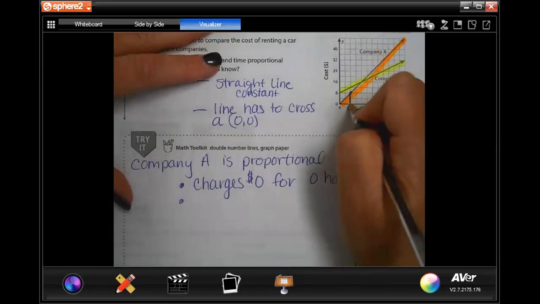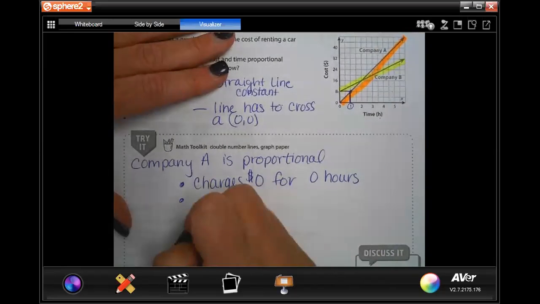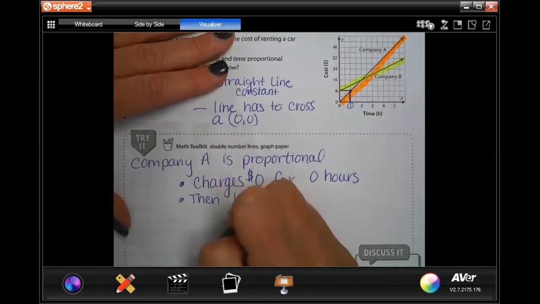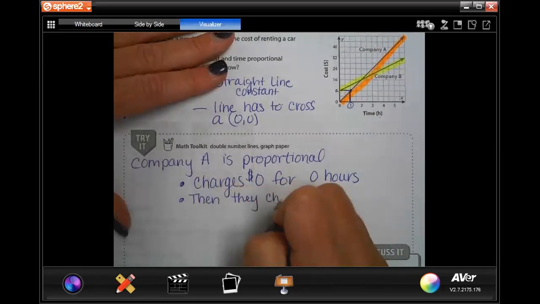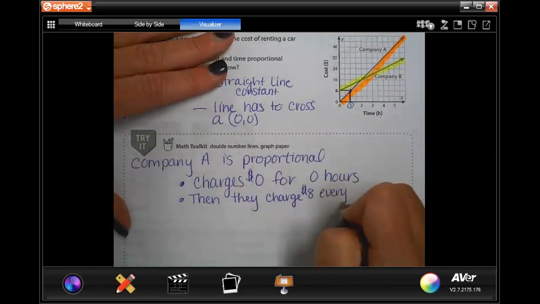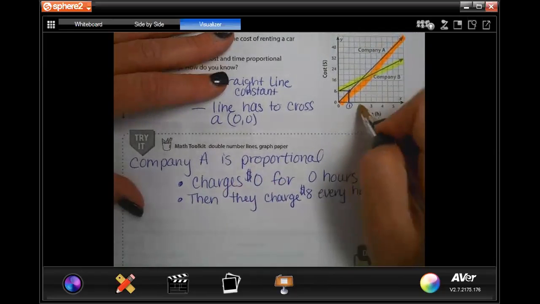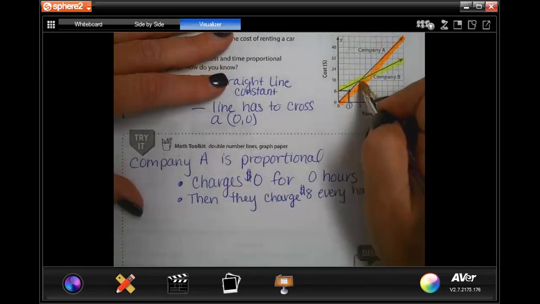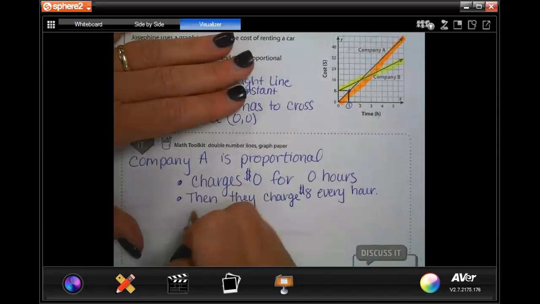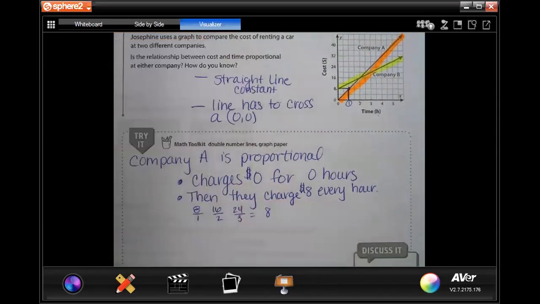So here's 1 and it goes over to 8. Then it looks like they charge $8 every hour. And let's just double check that's right. So at 2 hours, it's 16. Yeah, 3 hours, it's 24. So that is 8 to 1, 16 to 2, 24 to 3. So these are all 8.